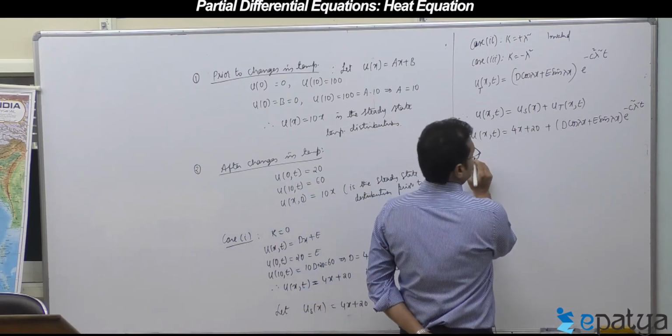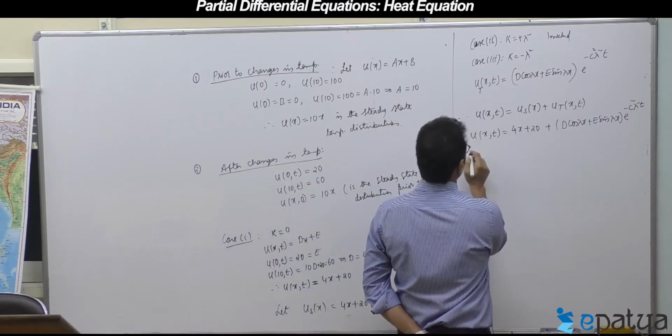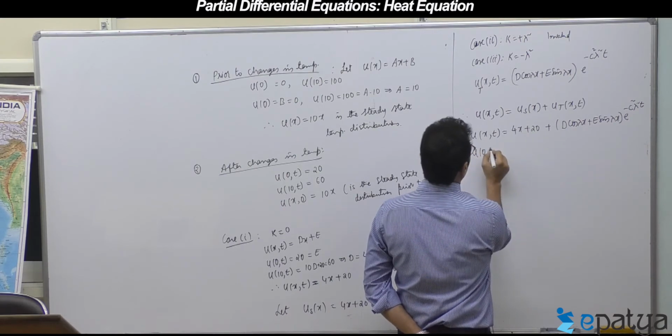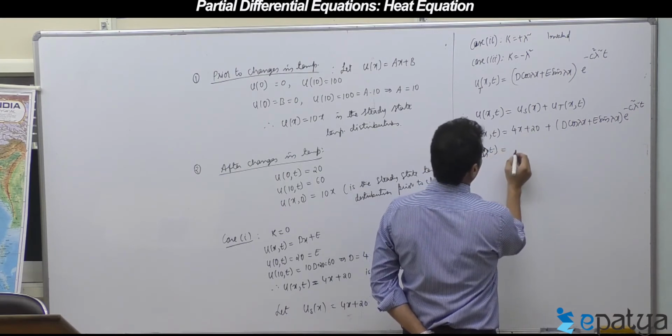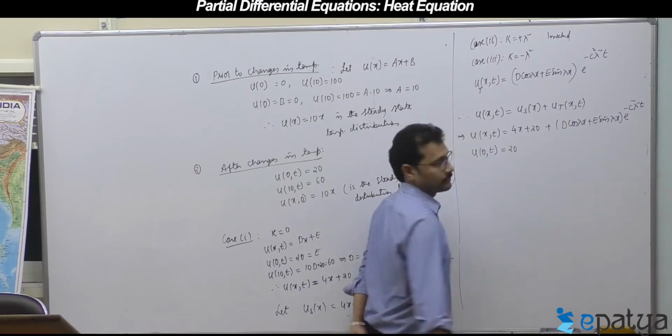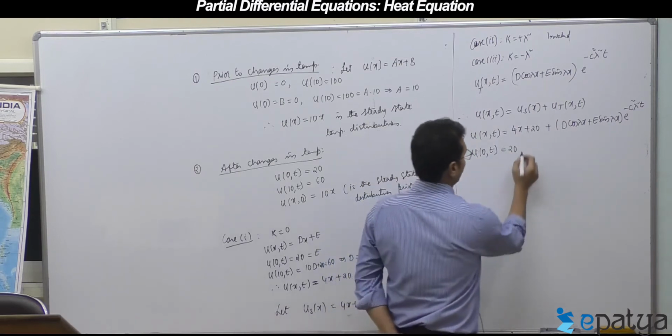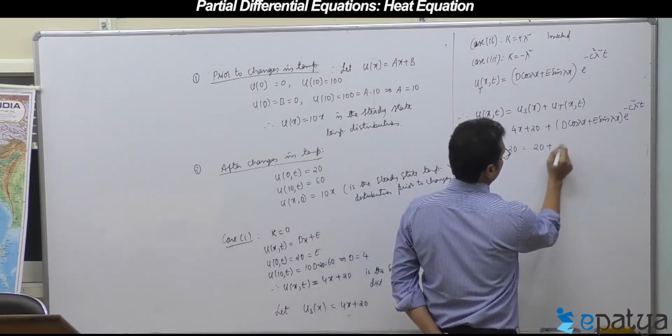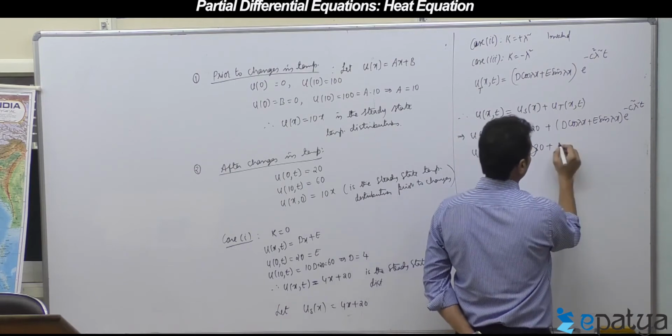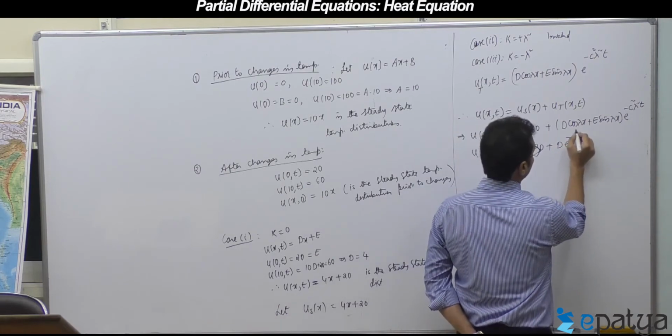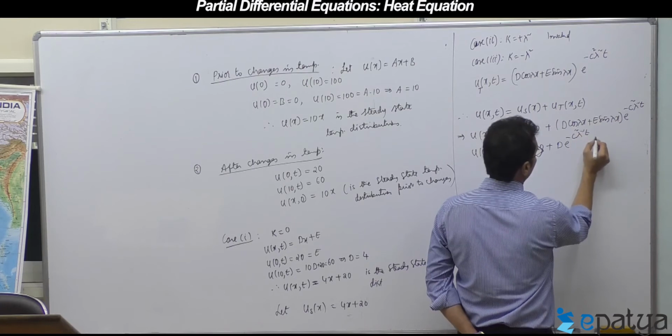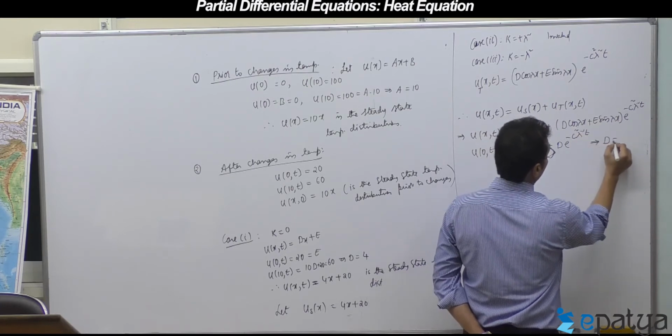Now apply the conditions. U of 0 comma t equal to 20 equal to 20 plus d into e power minus c square lambda square t, which gives me d equal to 0.